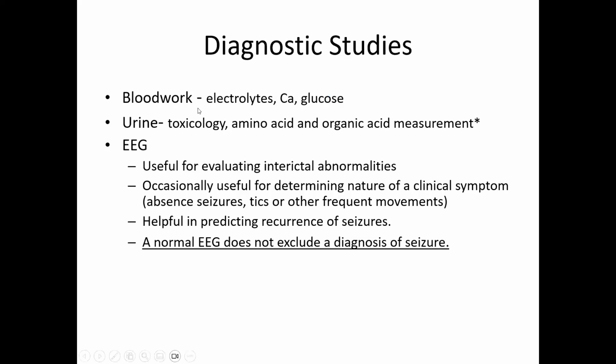Initially, there are some simple blood works you can do, especially in a status epilepticus setting. First thing would be to do at least a CBS. Later on, you can do the electrolytes, especially the sodium and calcium. I told you hyponatremia and hypocalcemia are the common ones.